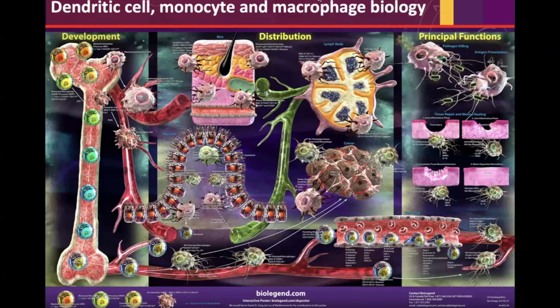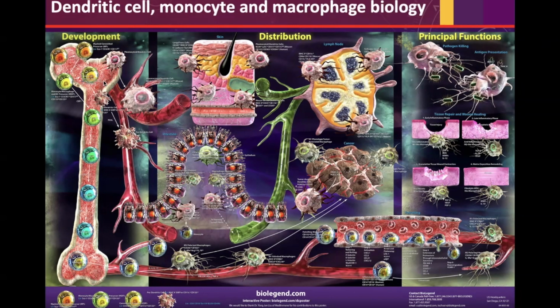This is a very interesting slide. We can see the development, distribution, and principal main function of these cells. Plasmacytoid dendritic cells originate in bone marrow from myeloid-committed progenitors, and dendritic cell populations can be found in the intestine, skin, and bone marrow.